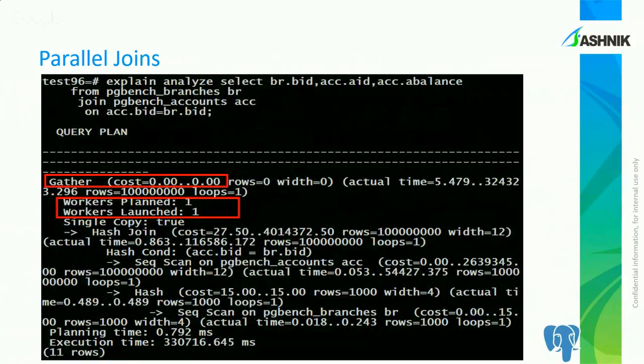But I had to force the optimizer to use parallelism, and that is how I could simulate this plan, where there is just 1 worker process working for the master process, collecting all that data and doing the join, sending it to the gather node, and finally you get the output.